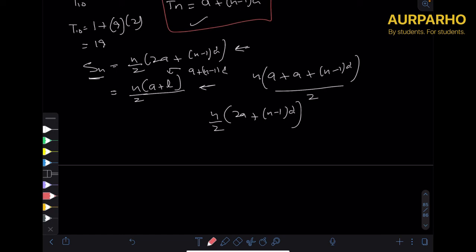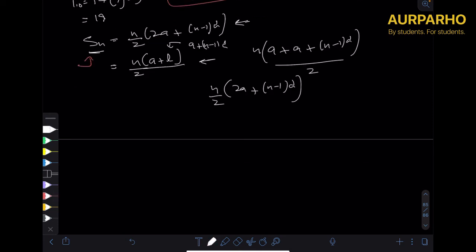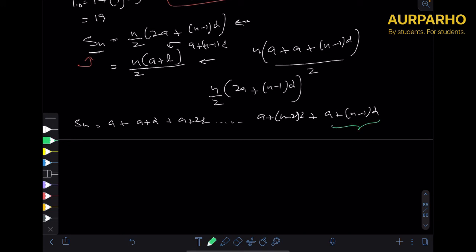So let's try to make sense of the sum formula too, like we did for the term formula. So Sn basically means a plus a plus d plus a plus 2d, and all the way till a plus n minus 2 d plus a plus n minus 1 d, right? Now, of course, I can rewrite the last term as L, because L is a plus n minus 1 d.